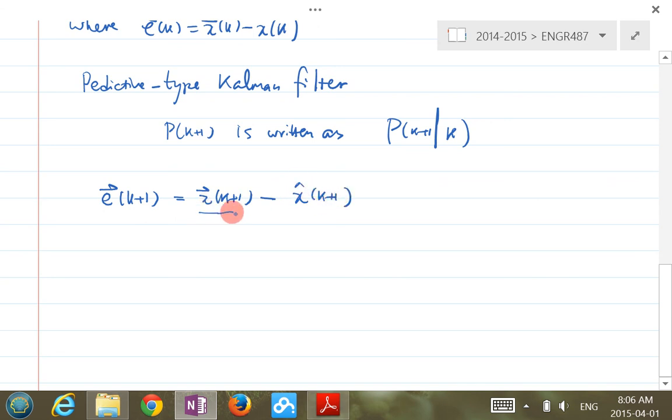So x of k plus 1 is the system. And x hat of k plus 1 is taken as the same model as our observer design.